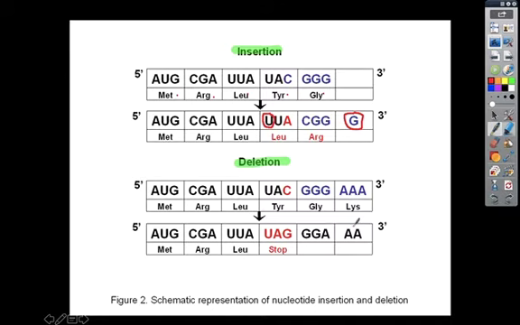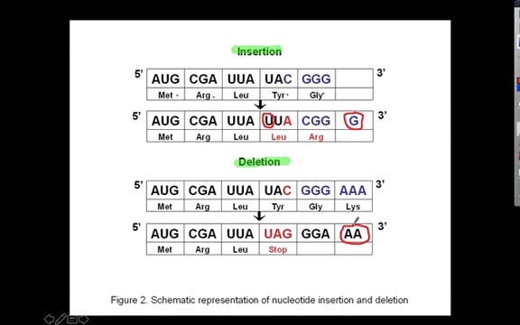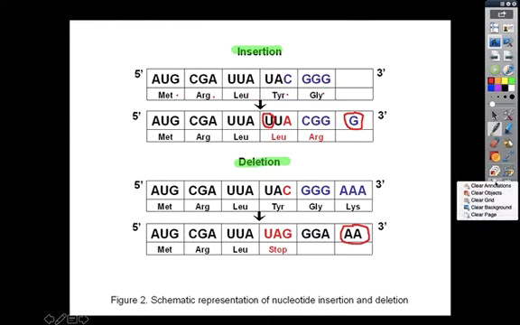And so that tells you, okay, a nucleotide was deleted. But notice, in both cases, everything past that mistake, past that insertion or deletion, has changed. So it changes the amino acids after that change, and so that can cause the wrong protein to be made.